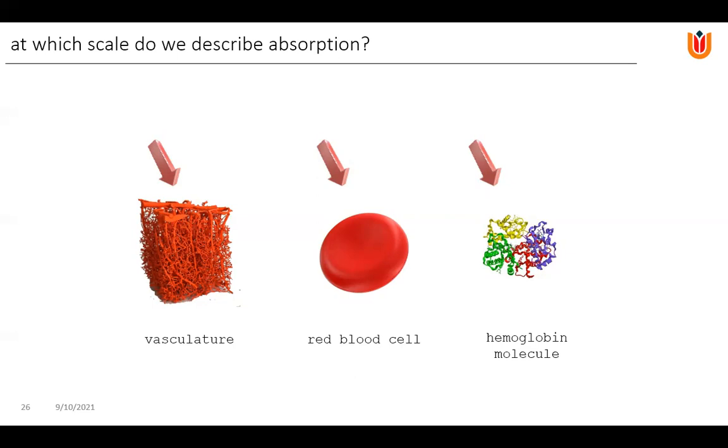For example, you can look at the vasculature as a whole, a lamp and a larger piece of tissue. If you zoom in a little bit more, you get the single red blood cell. Zooming even further, it could be looking at hemoglobin. So I'm just giving this as a caveat: we have to be really careful at what scale we look.